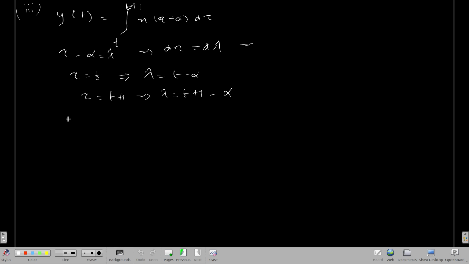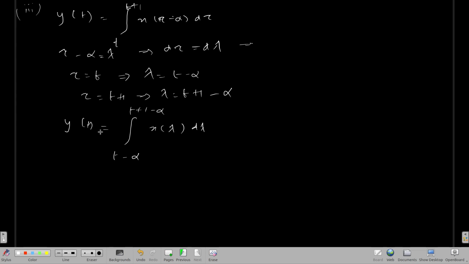So what will our system be? y of t is equal to the integral from t minus alpha to t plus 1 minus alpha of x of lambda d lambda. So you can see here after the integration we are giving the time values, right? So here we are having t minus alpha and t plus 1 minus alpha.